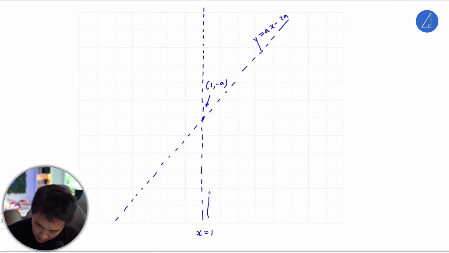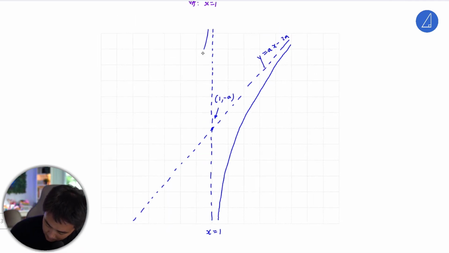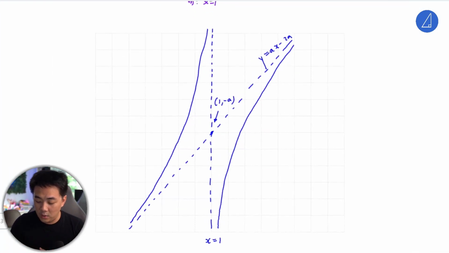Draw this side up, then draw this side down.